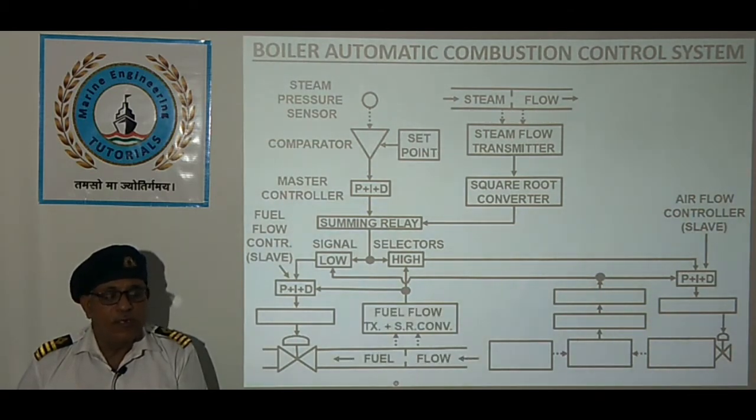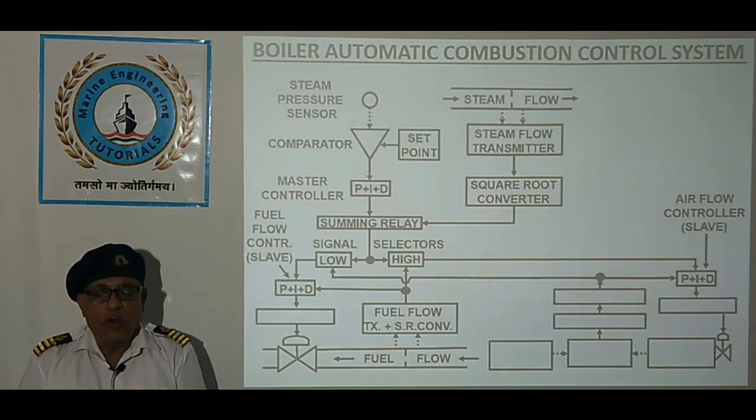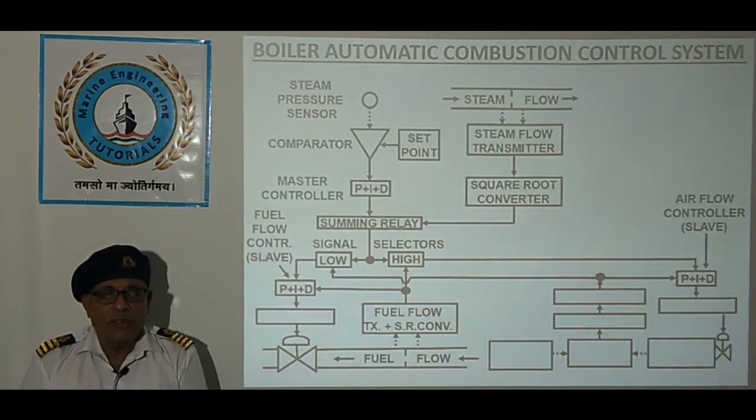Also, the fuel flow which is passing to the furnace is measured, and it is again a square signal passed to the square root converter and fed to high signal selector and the fuel oil flow controller. Fuel flow transmitter receives fuel flow signal and transmits to fuel flow controller and high signal selector.